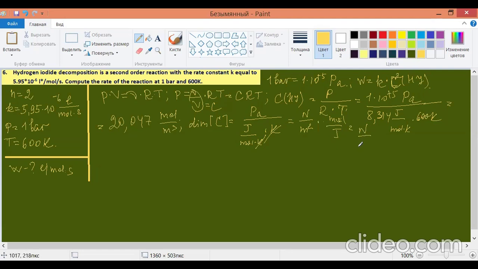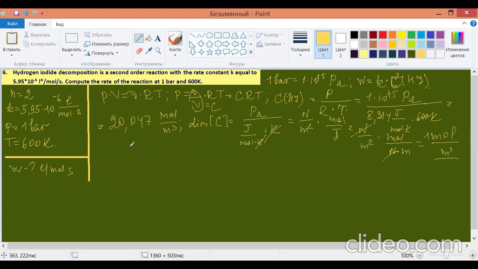So Newton over square meter times mole, and instead of joule, we write Newton times meter. Cancel. So we got 1 mole over cubic meter. Yeah, we proved it. Okay, so we got 20.047 moles per cubic meter.